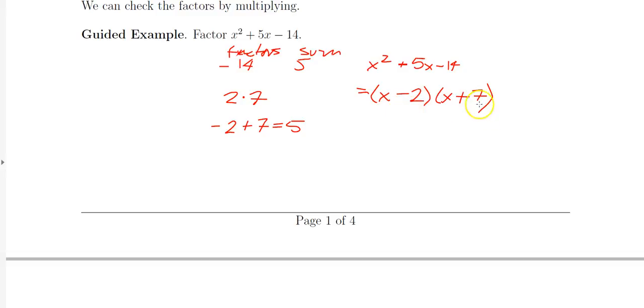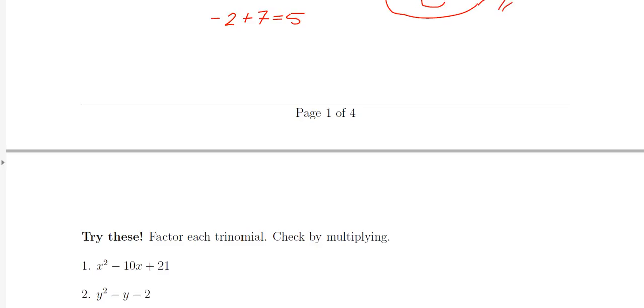If I take the outer product, I get 7x, and the inner product is minus 2x. So 7x minus 2x does give me positive 5x. So I do have the factors that I'm looking for.